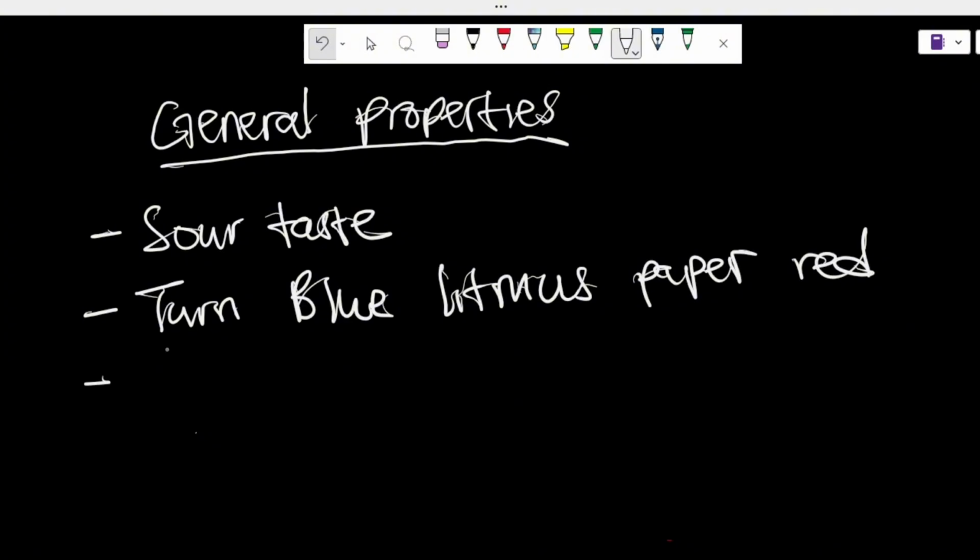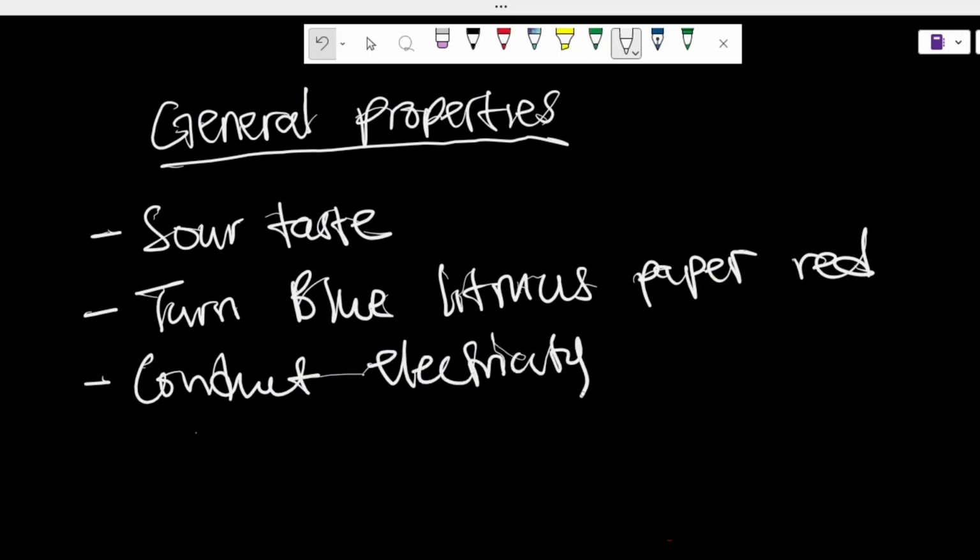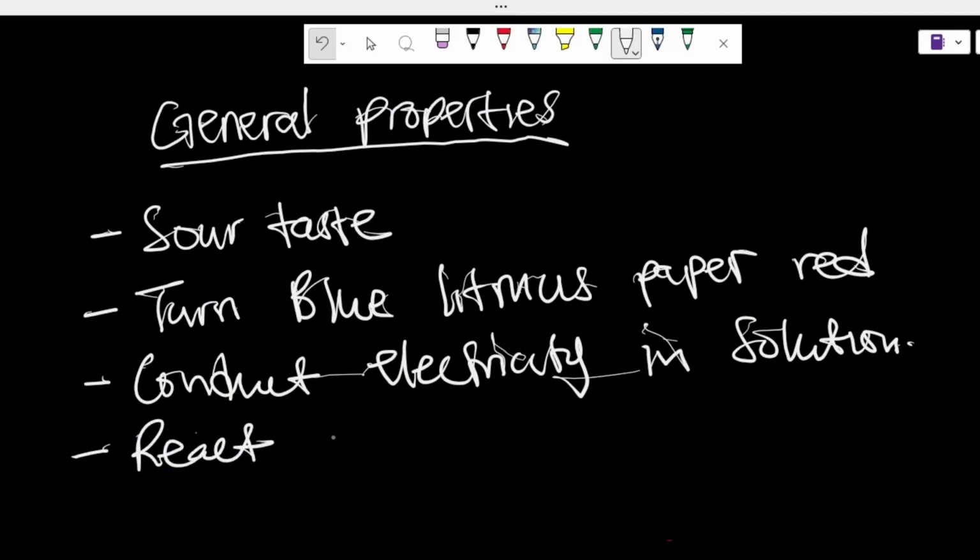Now, acids also conduct electricity in solution. They also react with bases, usually to form salt and water.